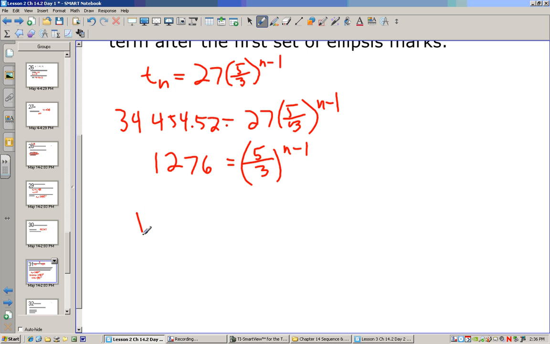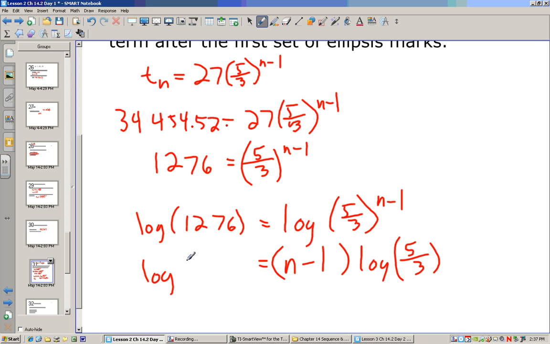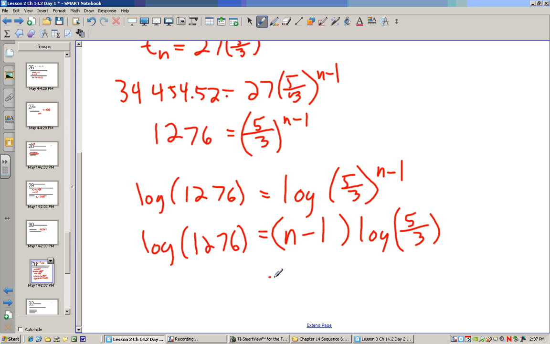Log both sides, so we'll have the log of 1,276 is equal to log of 5/3 to the n minus 1. I could take that n minus 1, pull it out front. And then I divide by log of 5/3, so n minus 1 is equal to log of 1276 over the log of 5/3.